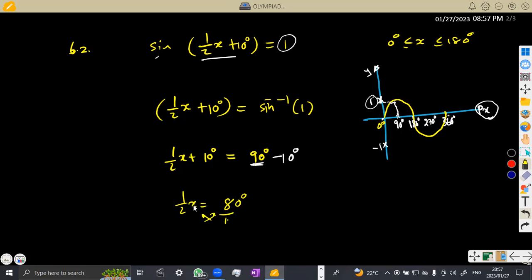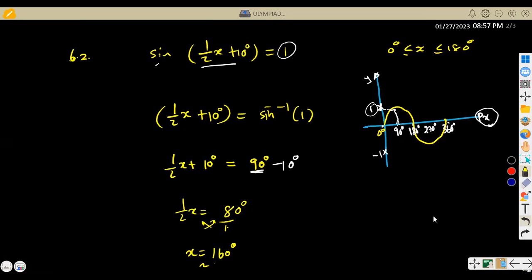So 1 times x, that is going to be x is equivalent to 2 times 80, which is 160 degrees. So that is the value of x from the region that we were given. From this interval from 0 to 180, 160 is there, which means this is fine.